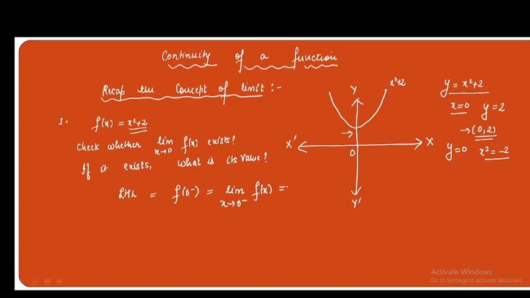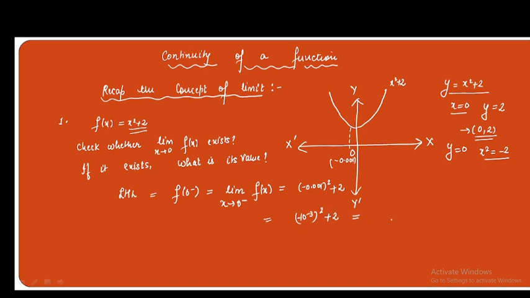Now suppose I consider a value, let it be minus 0.001, which is very close. So it is (minus 0.001) square plus 2, because in place of x you have to put the value. So this becomes 10 raised to the power minus 3, whole raised to the power 2, with the minus sign inside the bracket.